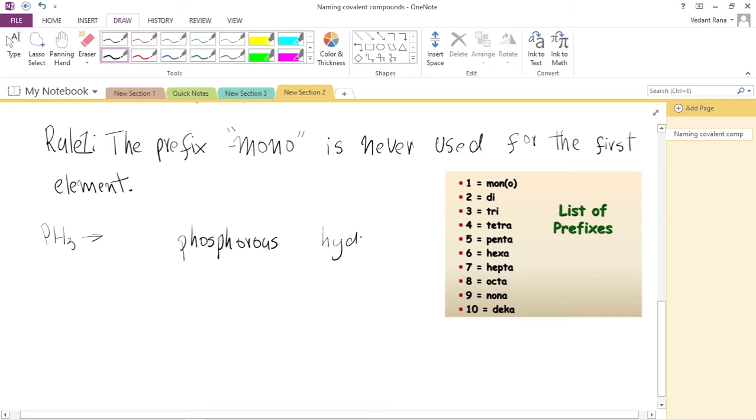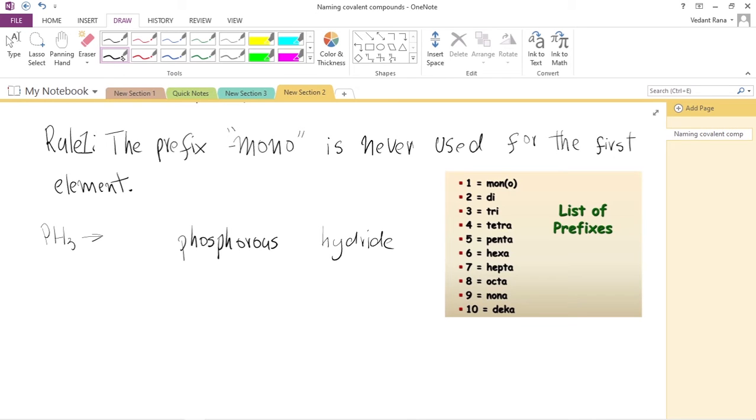So hydrogen, so its IDE name would be hydride. Now we use the prefixes for step 4, and we just learned that 1 stands for mono, 2 stands for di, 3 stands for tri, and so on. And there's only 1 phosphorus atom in PH3, so it's only logical to think that we'll use mono, and the name of this compound will be monophosphorus trihydride, but that's not the case.